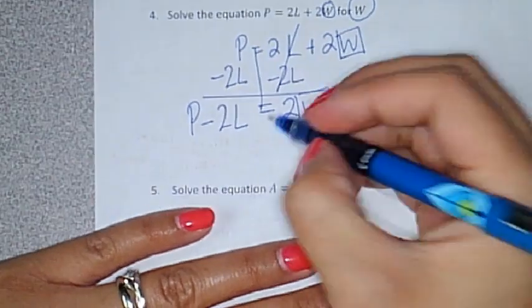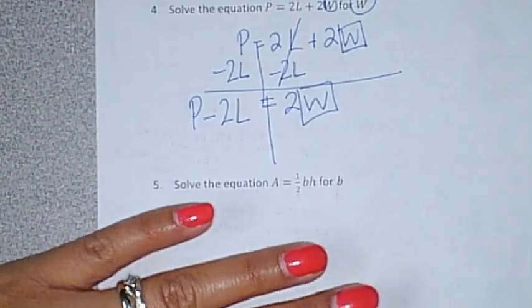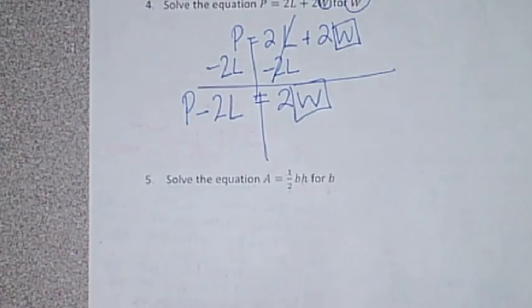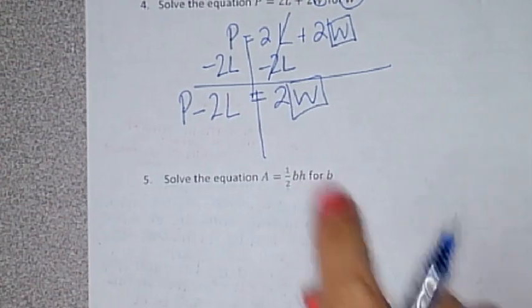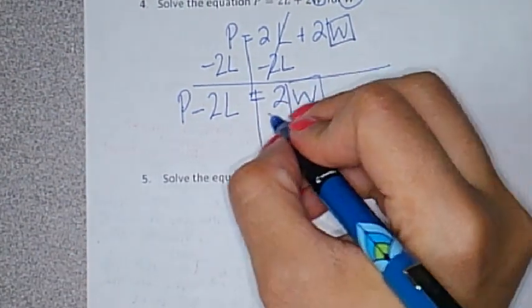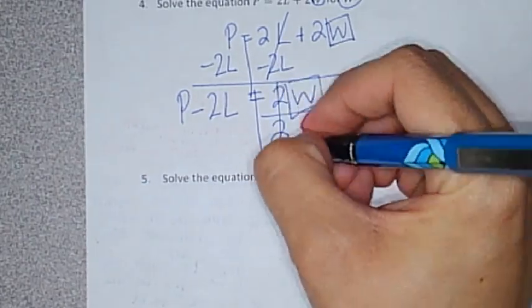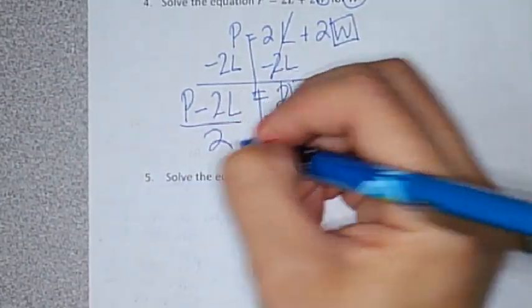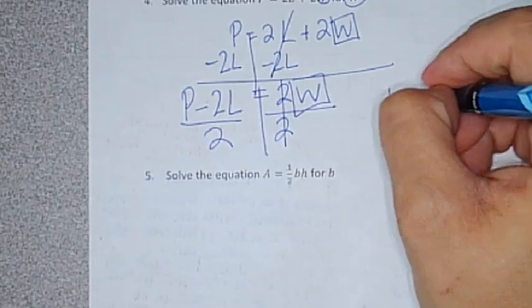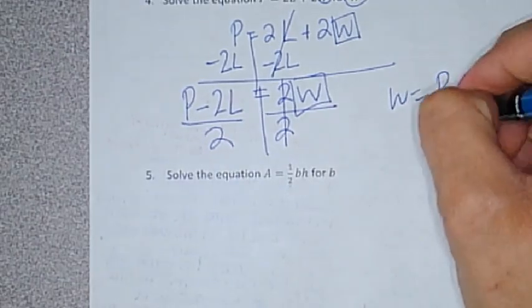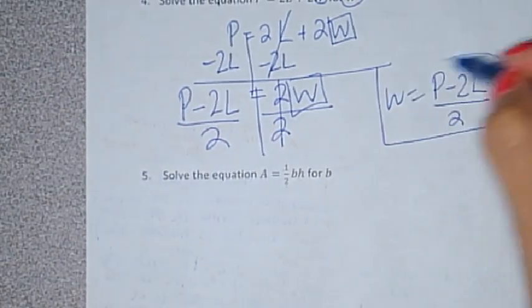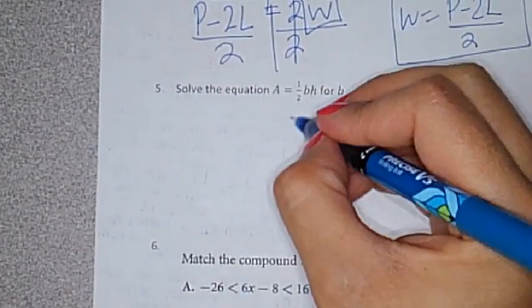Between the 2 and the W, it is a multiplication, so to undo it, I will do division. So if I multiply by 2 and W together, I will divide by 2 in order to isolate the W. So W equals P minus 2L divided by 2. This one I'll write it again.